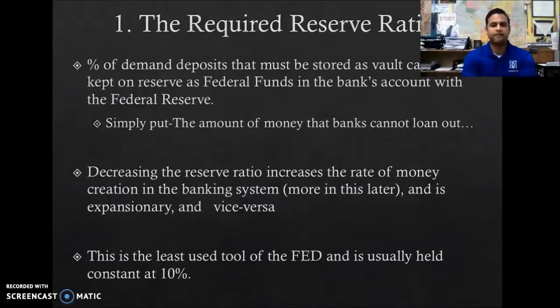That is the one thing you will not fail to meet. Everything else about banking and monetary policy is designed around banks needing to meet their required reserve every day. So this is a really important rule, but using it as the policy in terms of raising and lowering it is the least used thing.